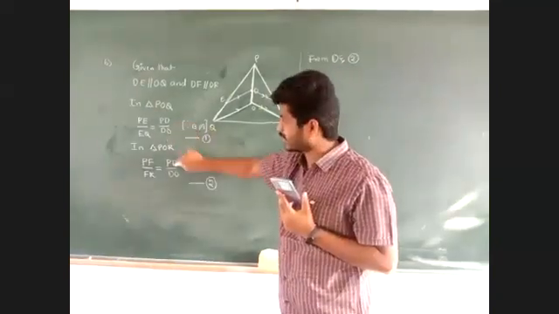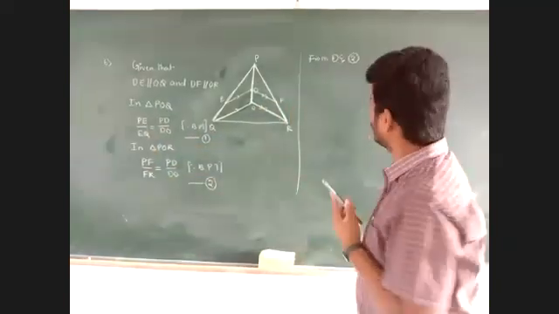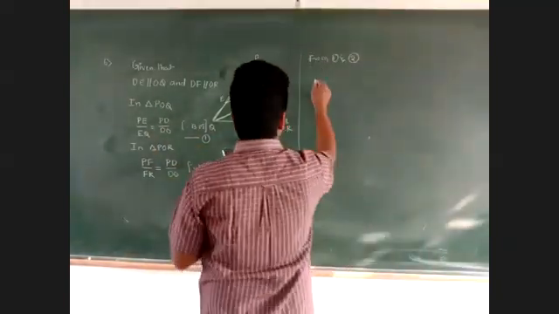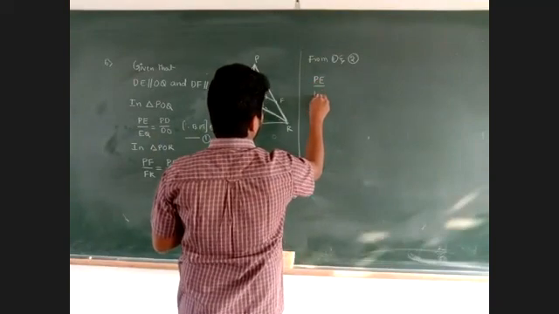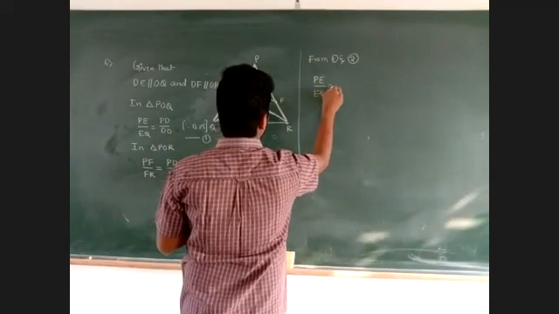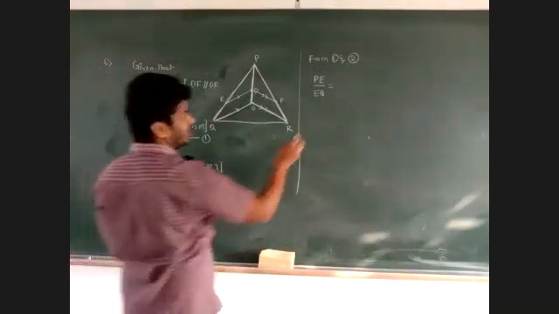If the right hand side ratios are equal, then the left hand side ratios are also equal. What are the left hand side ratios? PE by EQ equal to PF by FR.